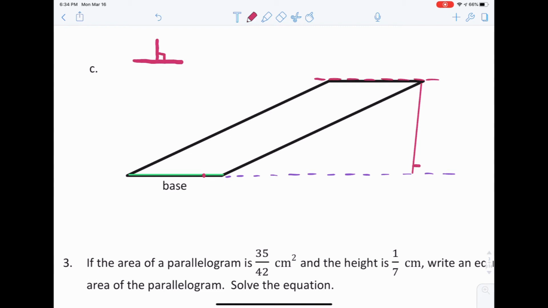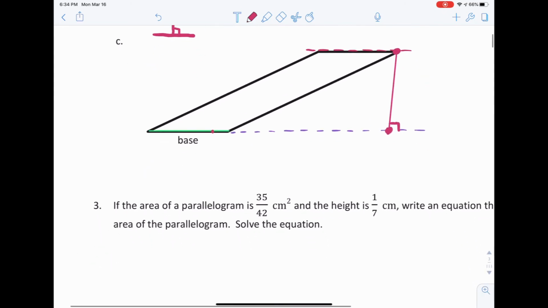It still forms a 90-degree angle with that base. It's just not necessarily touching the base. So this length here, starting from here down to here, that does represent the height of the parallelogram. It just so happens to be outside of it. All right, let's move it along.